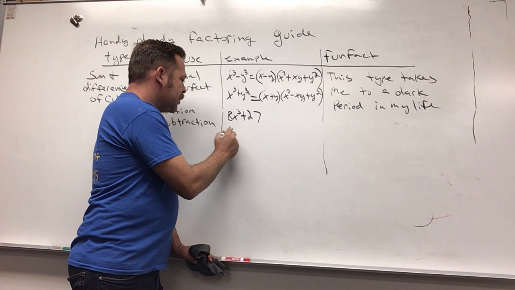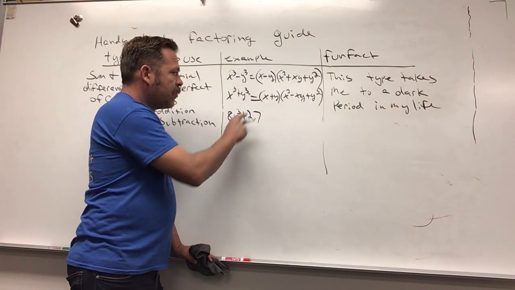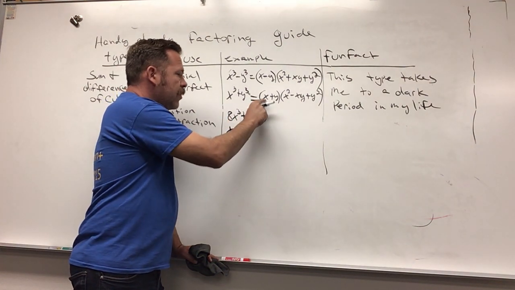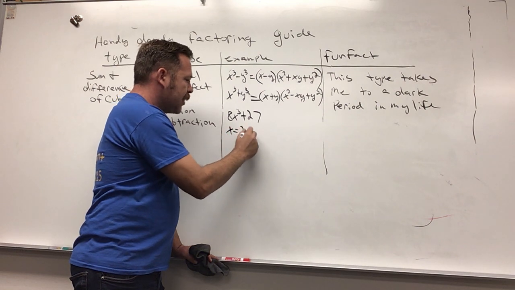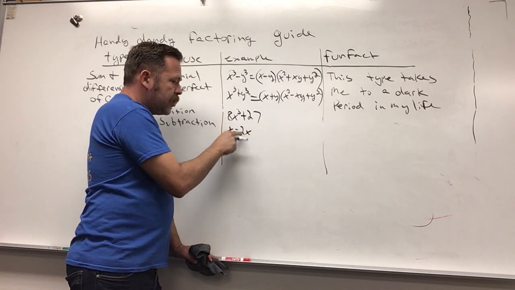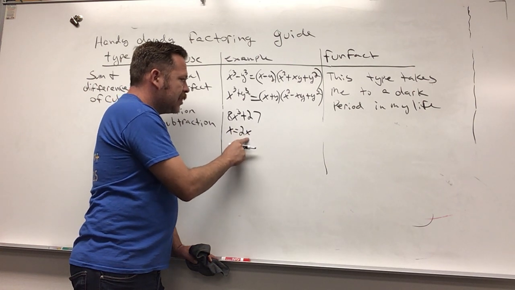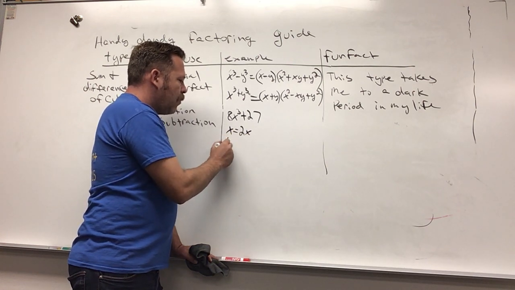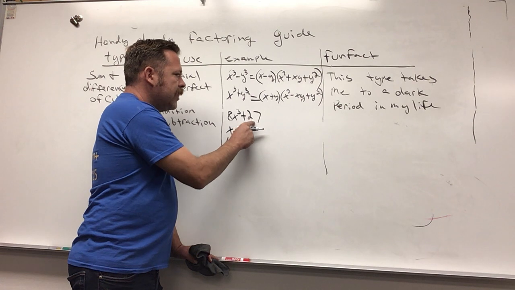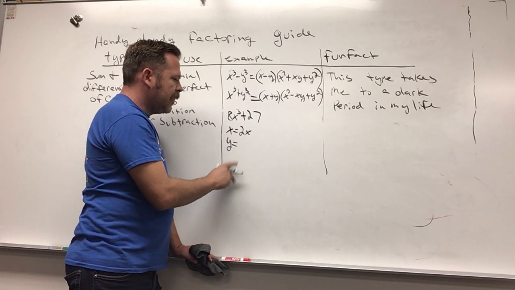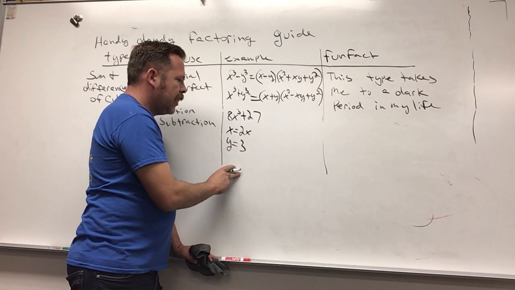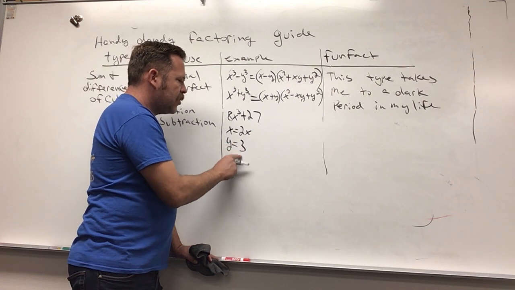So my x, my first term, is going to be 2x, because that's the cube root of that. 2 times 2 times 2 is 8, and x times x times x is x cubed. And my y, the cube root of 27, is 3, because 3 times 3 times 3 is 27.